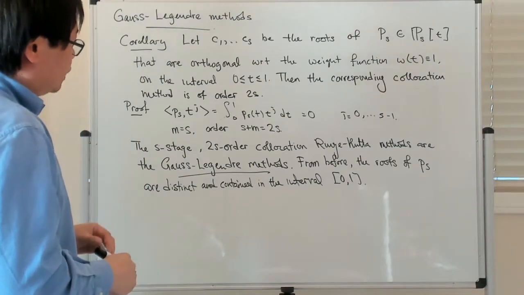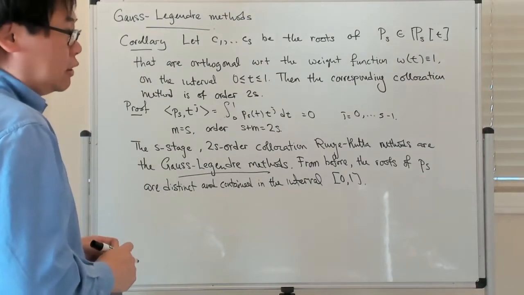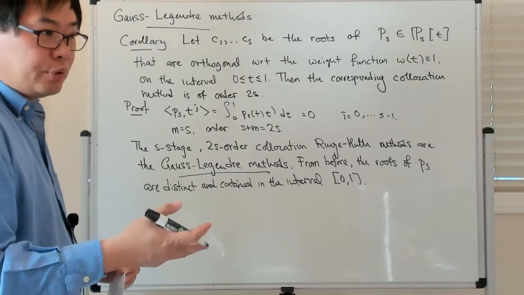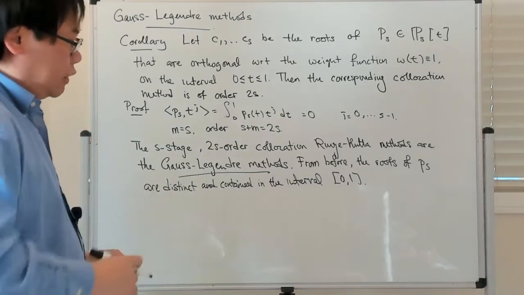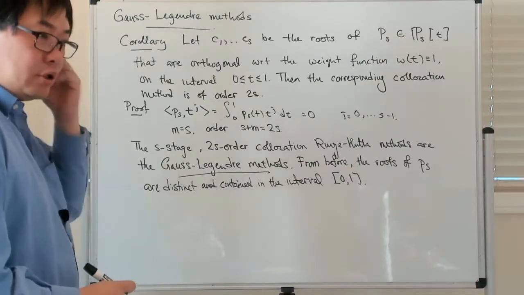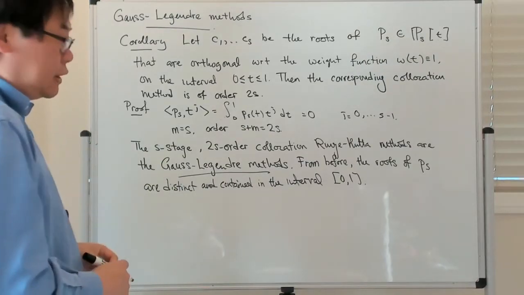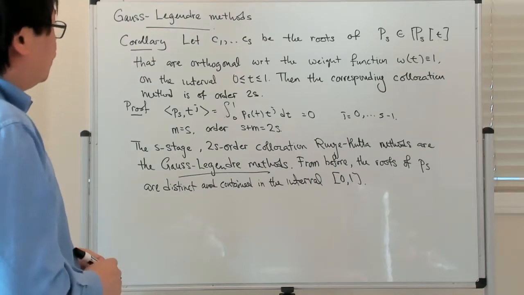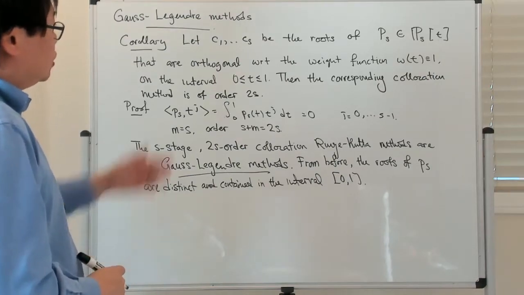You could, of course, construct these orthogonal polynomials using the Gram-Schmidt process, generalized to function spaces, which is what we discussed before. But it turns out there's also an explicit formula for these orthogonal polynomials.